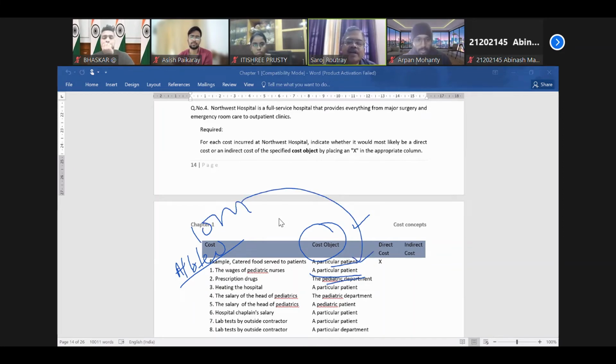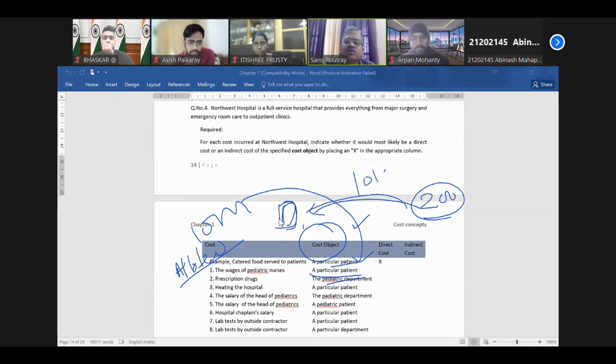Or every time you click the calling bell and the nurse visits you, the nurse charges 200. Then I can identify that you called the nurse 10 times: 2,000. So there I can identify. But salary paid to a nurse who is taking care of 10, 15, 20 people for different days, you cannot identify. So it's an indirect cost.